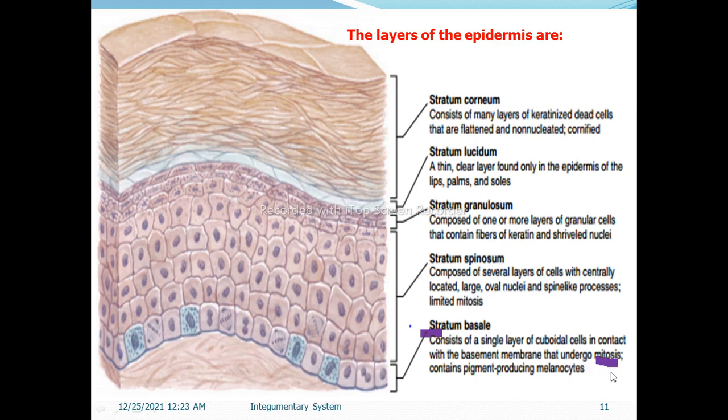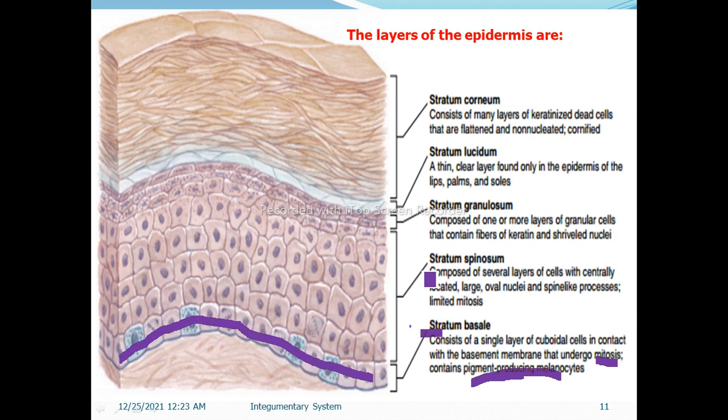The other part contains pigment, produced by melanocytes. So this layer, stratum basale, is first used for cell division or mitosis, and second used for pigment production because it contains melanocyte cells.